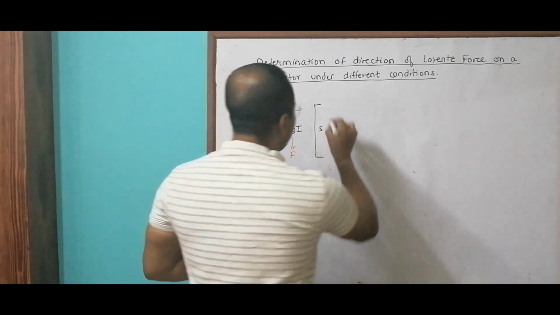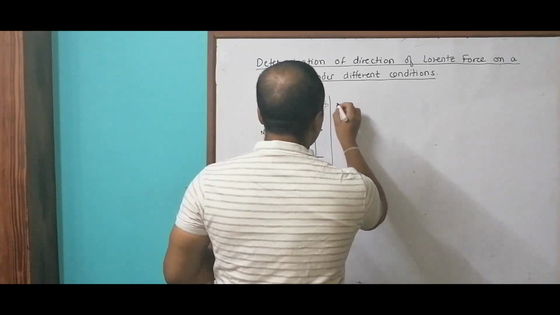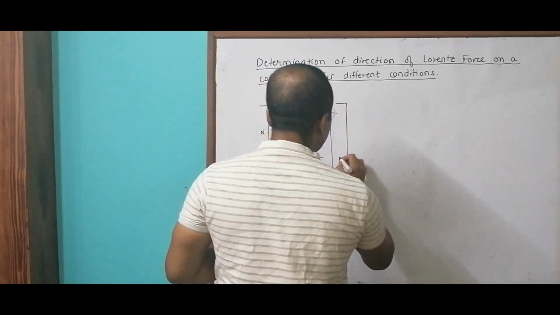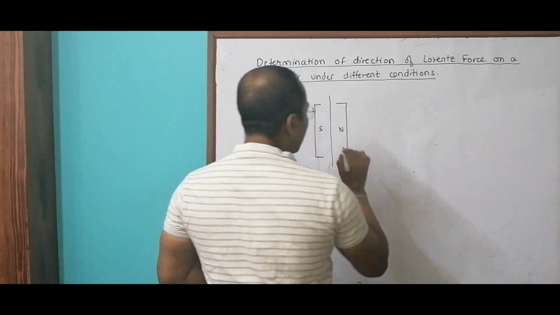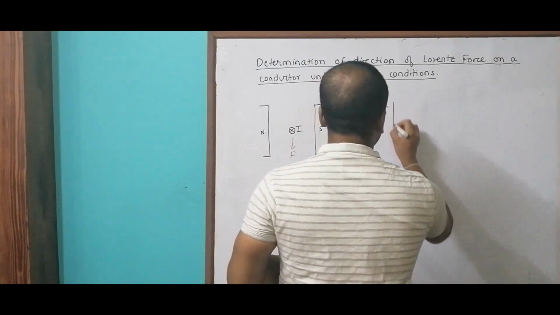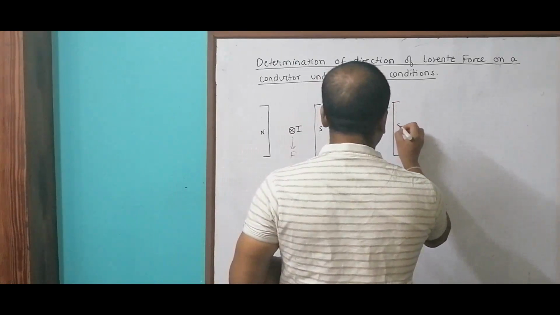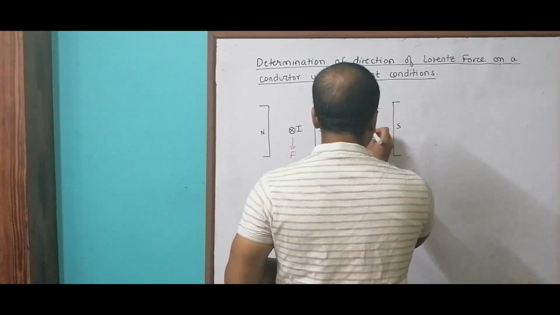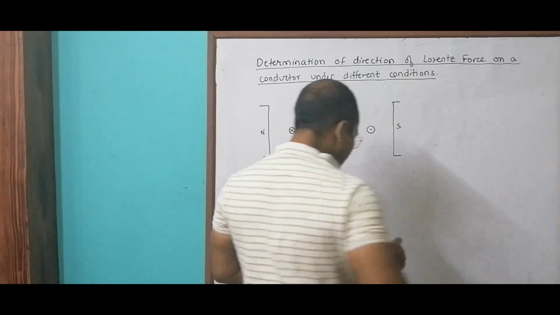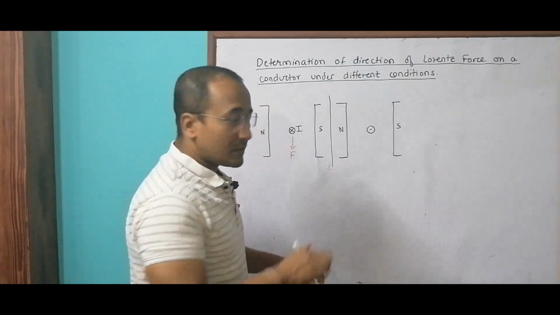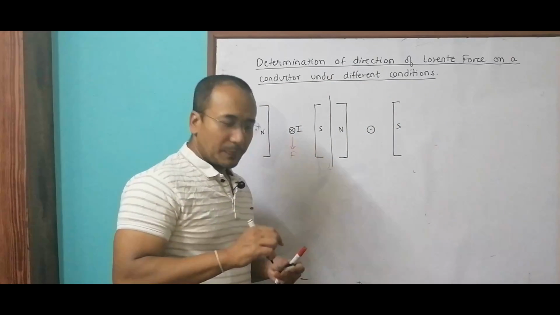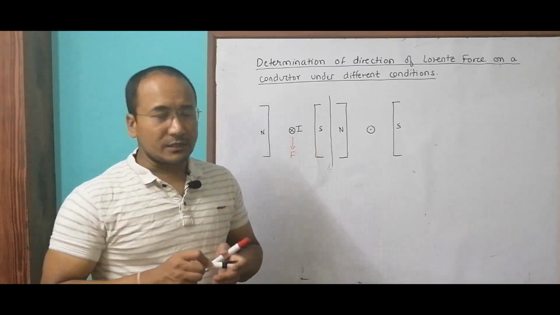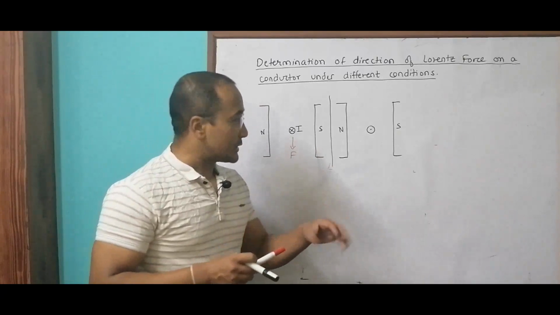Now in the other case, I reverse the direction of the current. This is the north pole of the magnet, this is the south pole, and the dot circle means that the current is coming towards us.